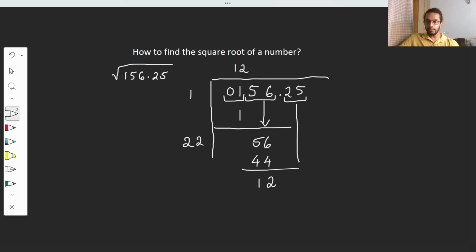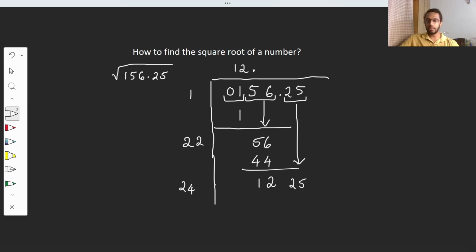Now when we bring down this pair 25, we're also bringing down a pair that is after the decimal, so we have to put a decimal at the top. Then we have to double whatever is there in the quotient. The same procedure will follow. So when we double, we get 24.